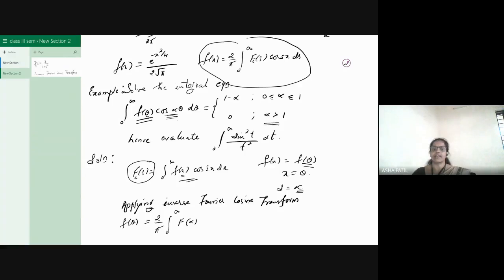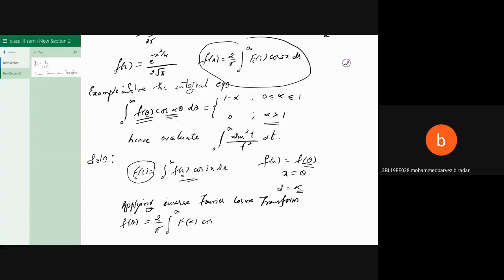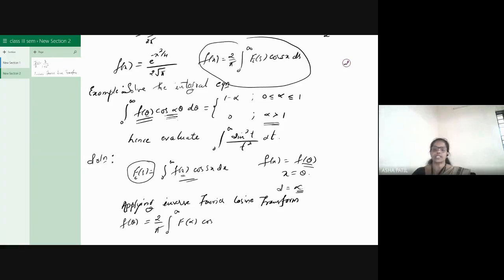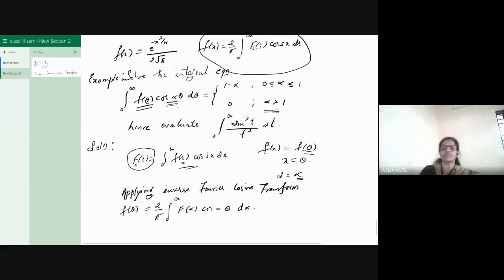Yes, it is F of alpha. Then cos, what you have to write? Cos alpha theta. See that you'll be writing that correctly. Integration is done with respect to s, here s is alpha, so it is d alpha. So write this expression correctly and see that you substitute your F of alpha.